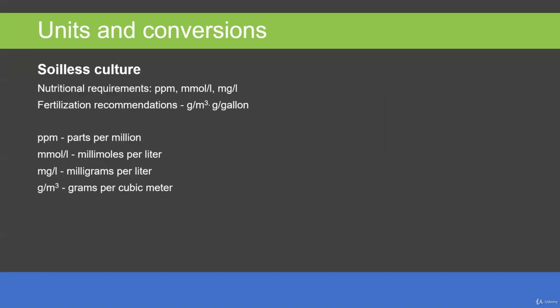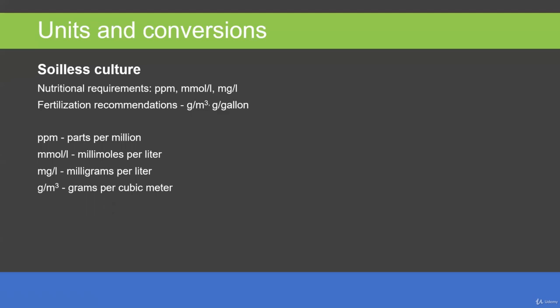In soil culture, the nutrient requirements are expressed in parts per million, ppm, millimoles per liter, or milligrams per liter. And the fertilizer recommendations are usually given in grams per cubic meter or in grams per gallon. But usually, when we talk about soil culture, we design a fertigation recipe, a fertilizer recipe, and then we have the rates in the tanks.